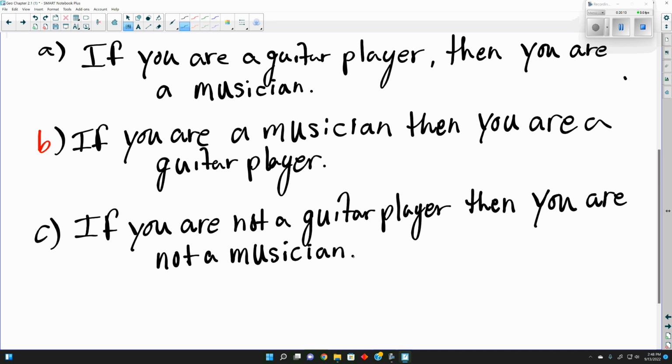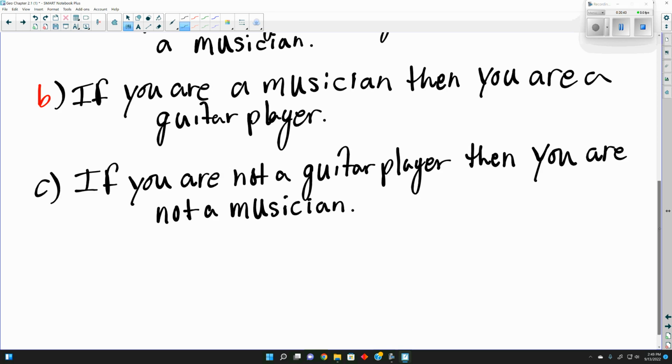I'm not going to be nitpicky on grammar because some of these get really funky, but I will at least want you to give me the full word. So any question on conditional, converse, or inverse?